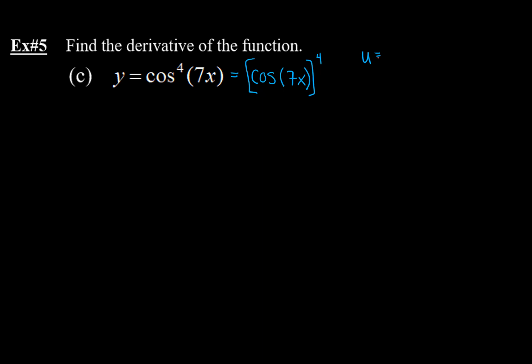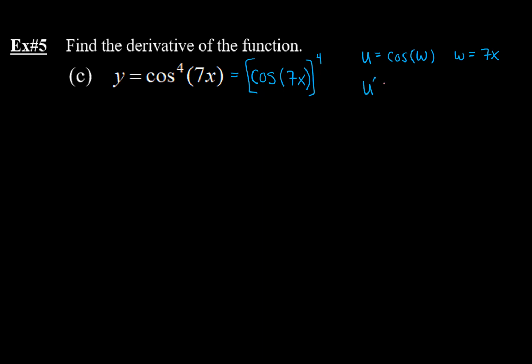So I'm going to use u, which is the inside, but then I am also going to use w, which is the inside of the inside. So I'm going to rewrite this cosine as the cosine of w.